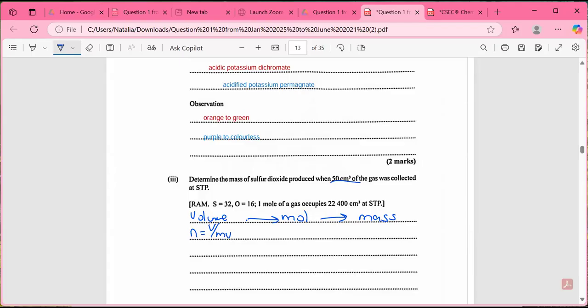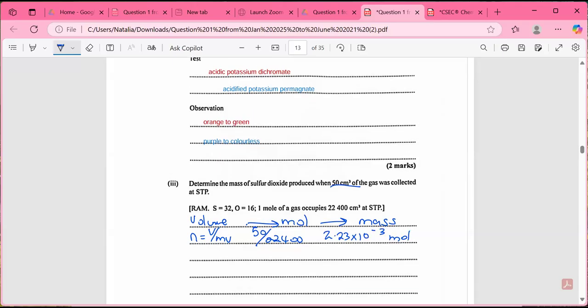The molar volume at RTP is 22,400. So 50 divided by 22,400 gives me 2.23 times 10 to the negative 3 mole.